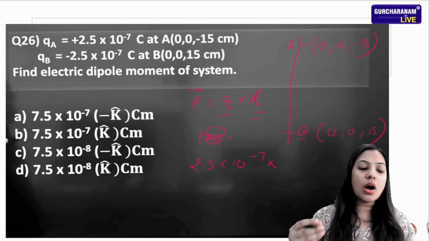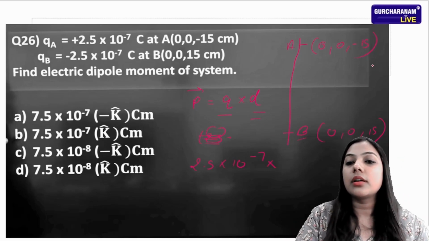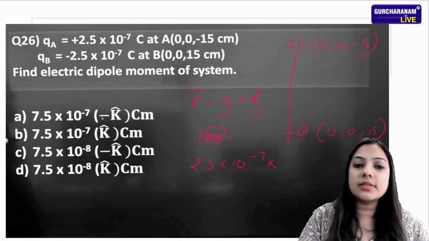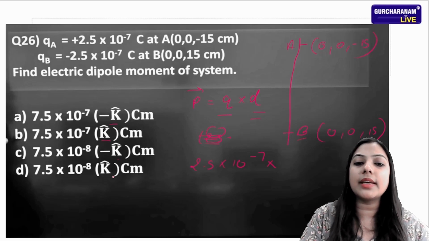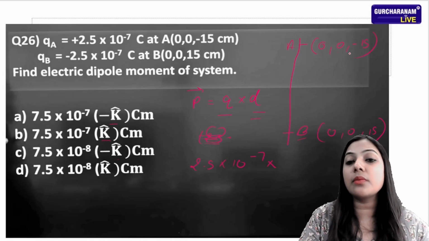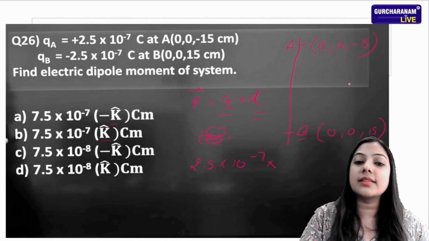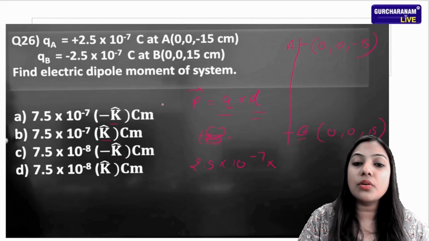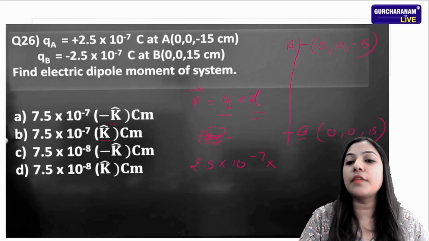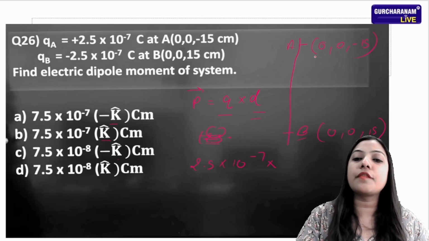What is the distance? How will we find the distance? You can see in the options, it is k cap. Why is it k cap? Because the magnitude is 0 on the x axis and y axis, so it is on the z axis, that means k cap, because the z axis is not 0. It is 15 and minus 15, so 15 plus 15 is 30.